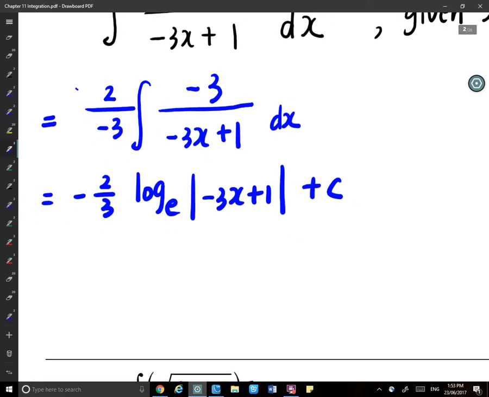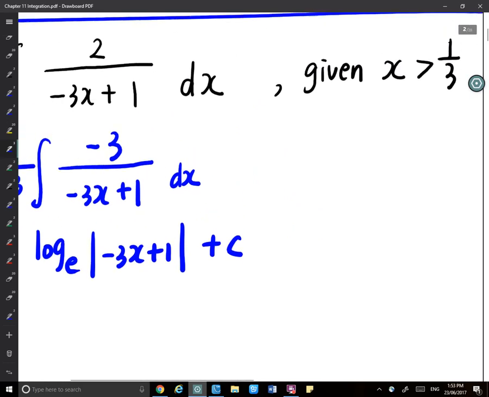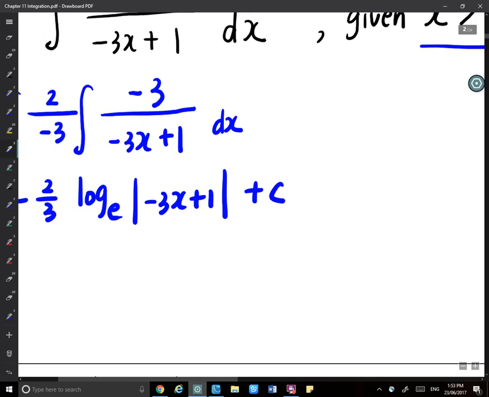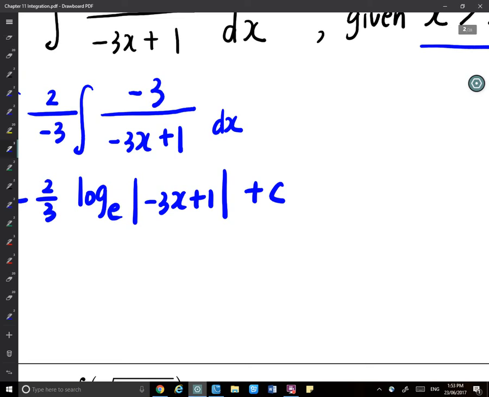Okay, if there's no domain given, and x can be anything, my answer will stay like this. But now it says x is greater than a third. When you see this absolute sign, what you really care about is when it will change and when it won't.